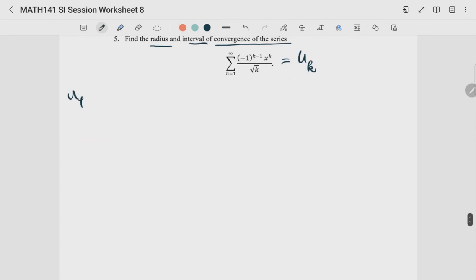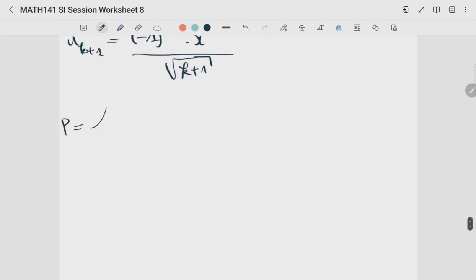So our u of k plus 1 will therefore be -1 to the k plus 1 minus 1 times x to the k plus 1 divided by root of k plus 1.